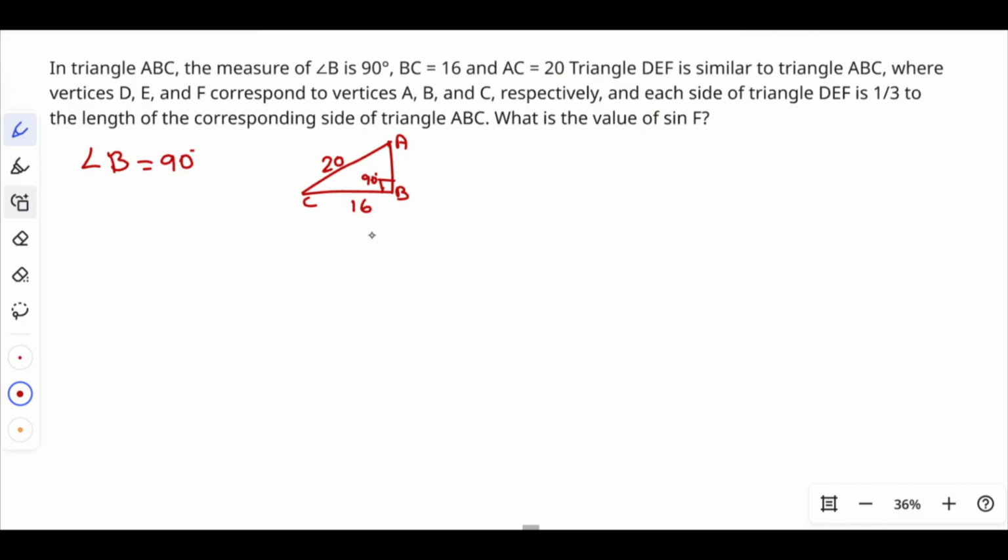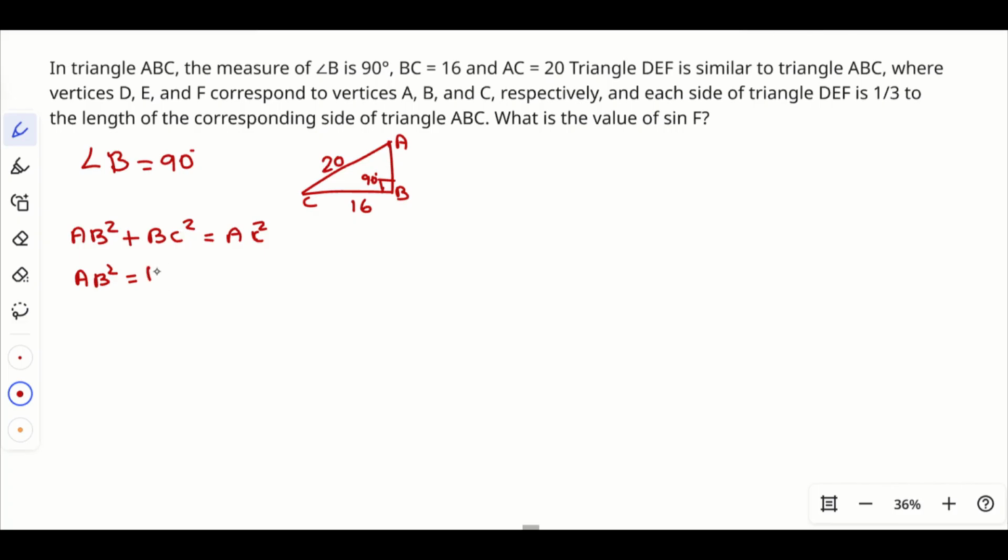So what equation will we use here? We'll use the Pythagoras theorem. According to the Pythagorean theorem, AB square plus BC square is equal to AC square. Now you can substitute the given values. We don't know AB square, so let's keep it like that.